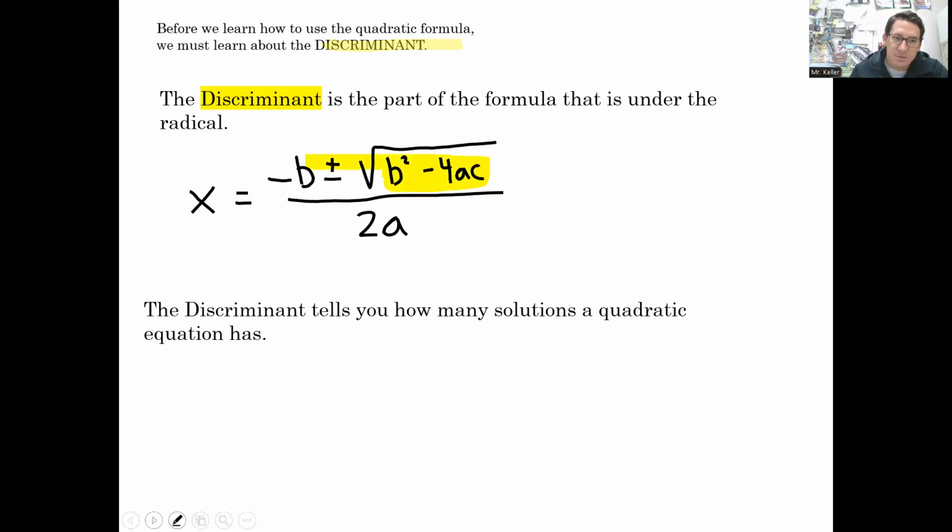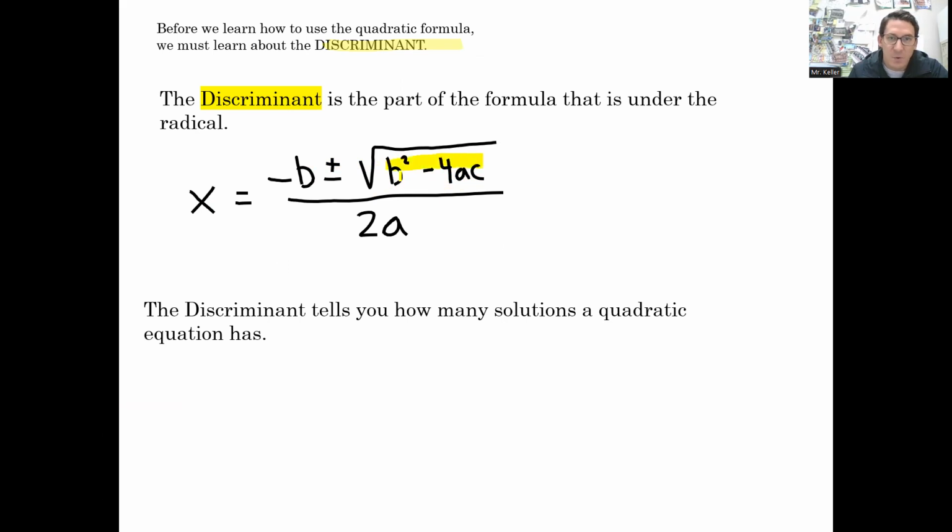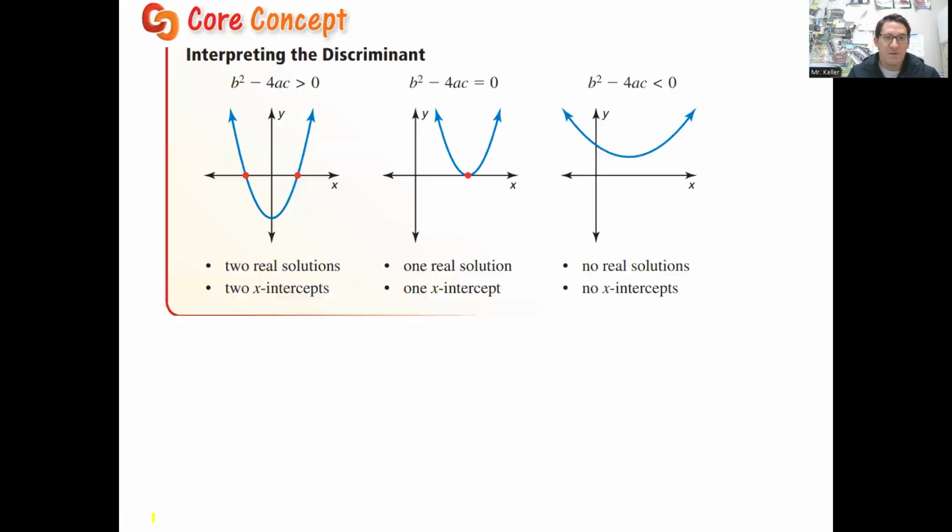I like to do just that first, because that will tell us how many solutions the quadratic has, and how far we need to go. A quadratic can have 2 solutions, 1 solution, or no real solutions, and we can figure this out depending on whether this is positive, 0, or negative.